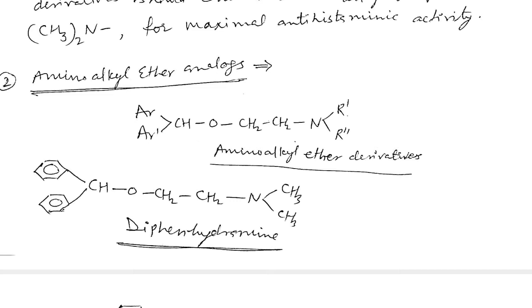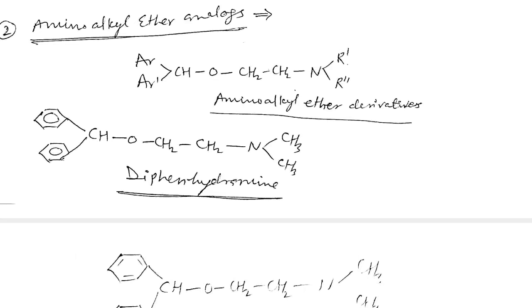That is an example of the alkyl amino ether analog. I think you understood the meaning of alkyl amino ether analogs: an ethylene amine, a single amine, not a diamine, where the amino group is substituted by R1 and R2, in diphenhydramine two methyl groups, and an ether group with a CH bearing two phenyl groups. So diphenhydramine is the example of an amino alkyl ether analog.